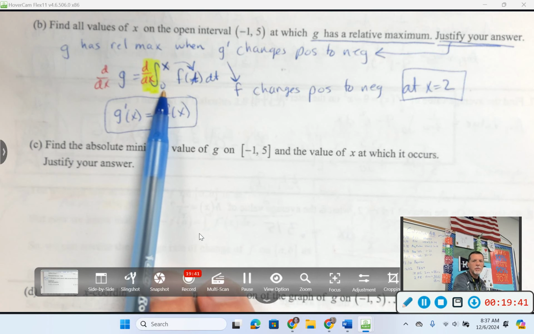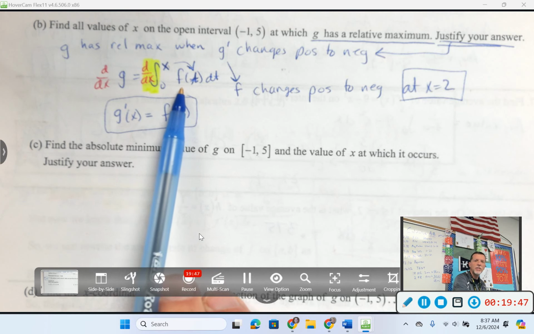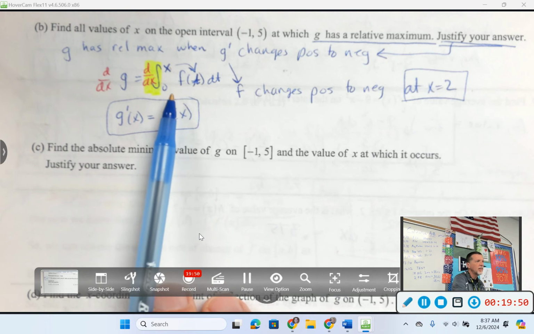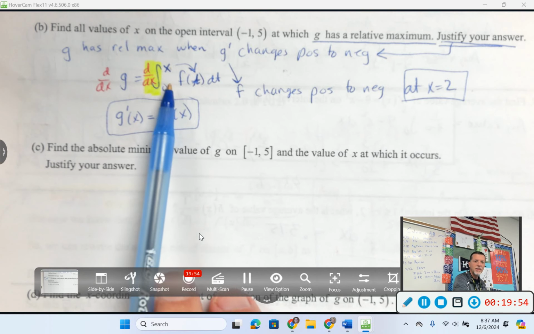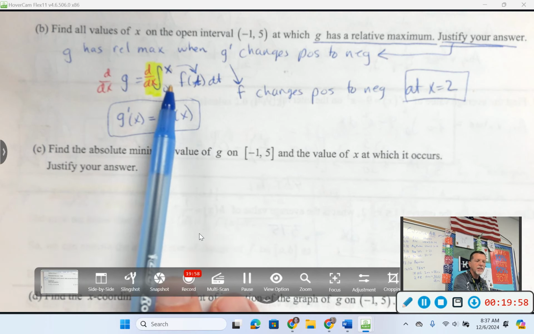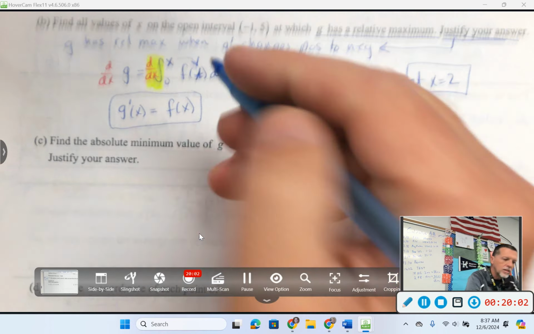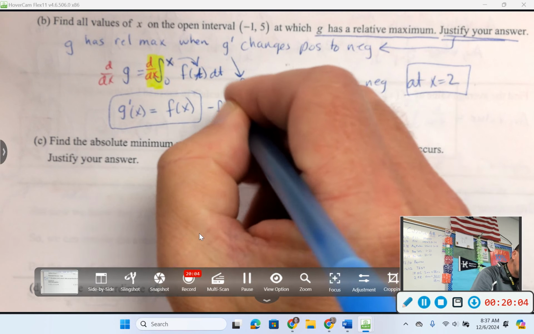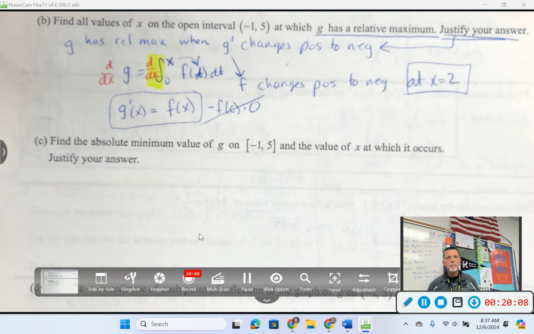What if that bottom number was -2? How would that change the derivative? Trick question. It wouldn't, because you plug in -2, but then you multiply by the derivative of a constant, so it goes away. So minus F of a constant times 0, all that stuff would go away.